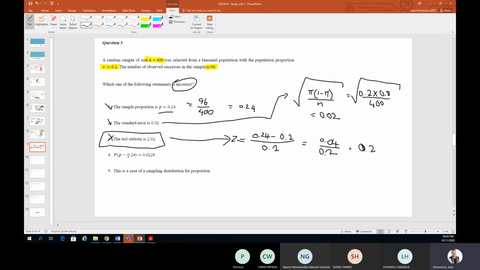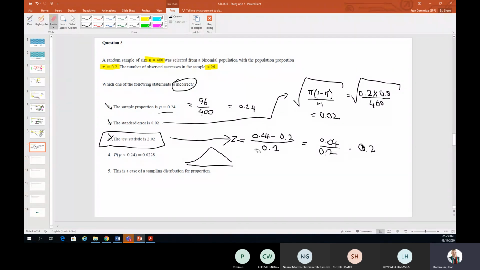So that is 2.4 minus that. There I made a mistake, sorry.